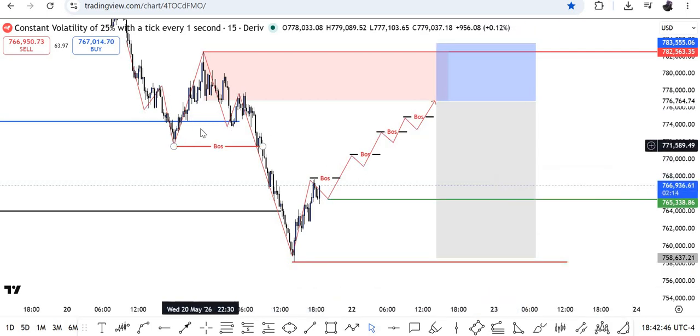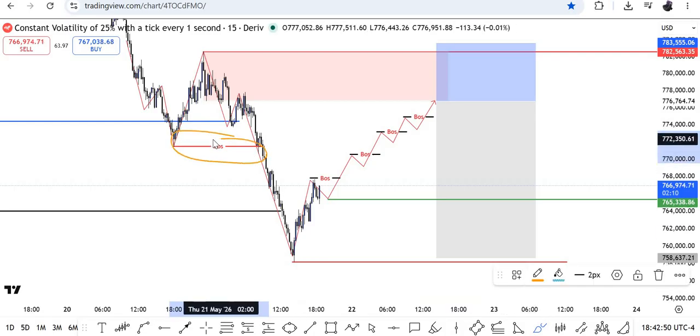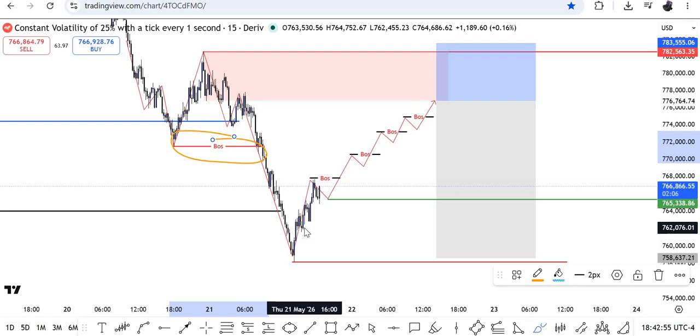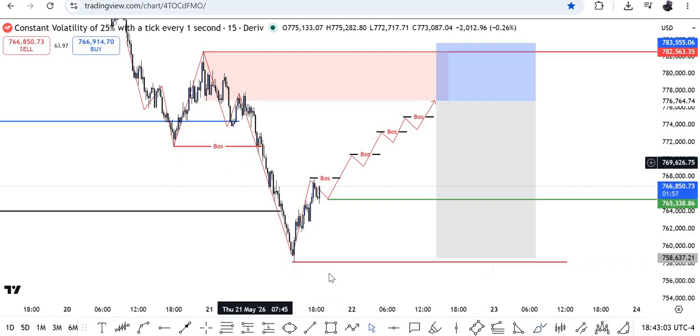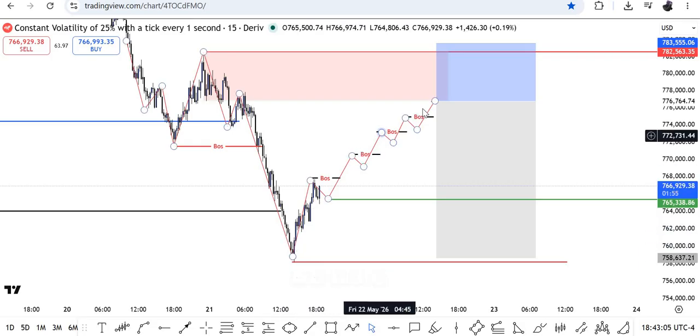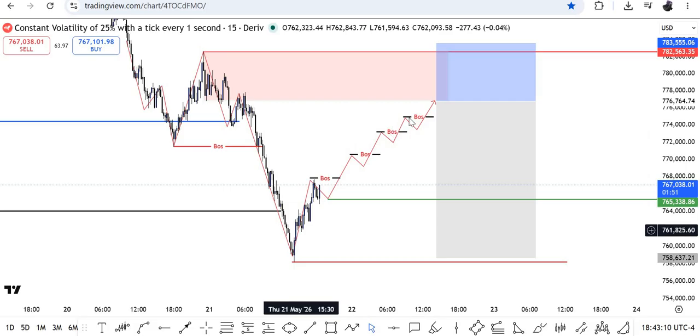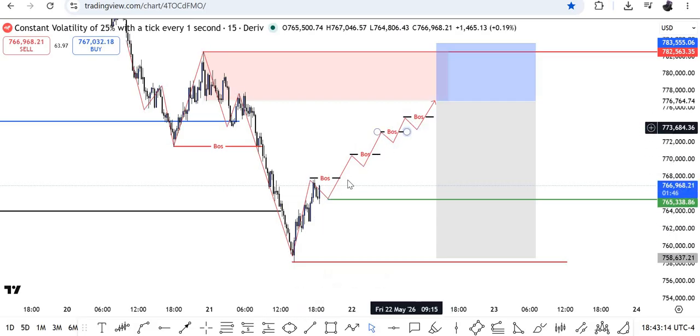So the 1 hour broke structure over here, but when structure is broken, normally it creates a pullback. So this action right here, the retracement or the pullback for the 1 hour time frame, is normally a bullish trend on a smaller time frame.